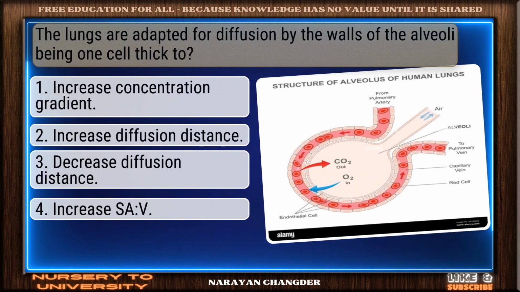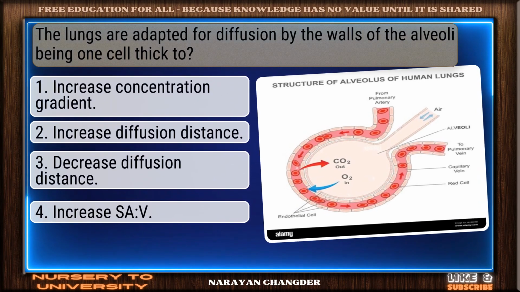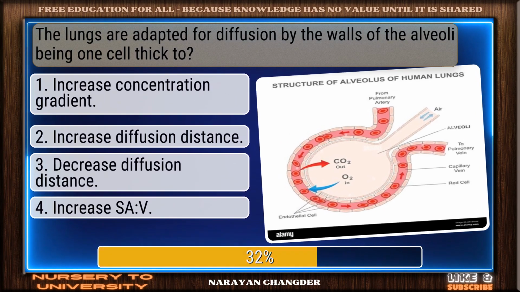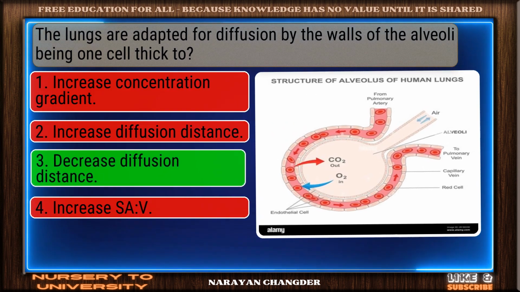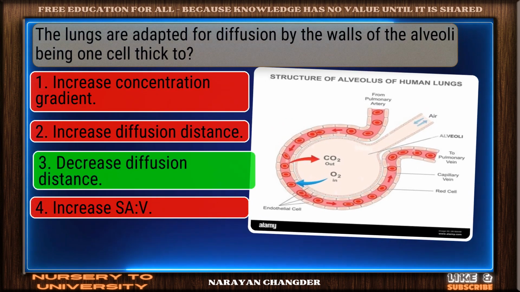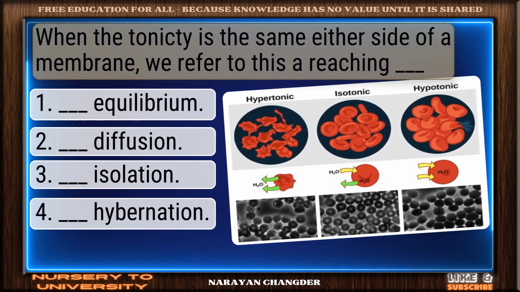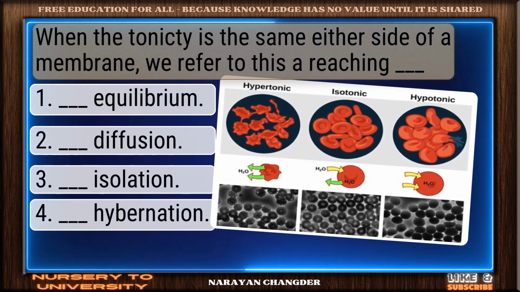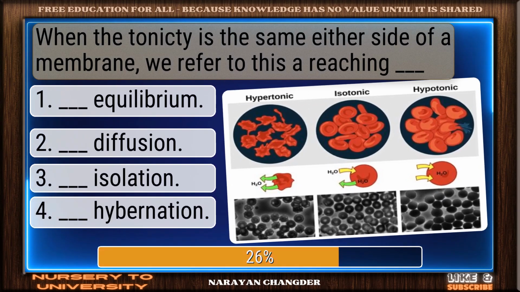The lungs are adapted for diffusion by the walls of the alveoli being 1 cell thick too. Correct response. Decreased diffusion distance is the most accurate answer. When the tonicity is the same either side of a membrane, we refer to this as reaching dash.